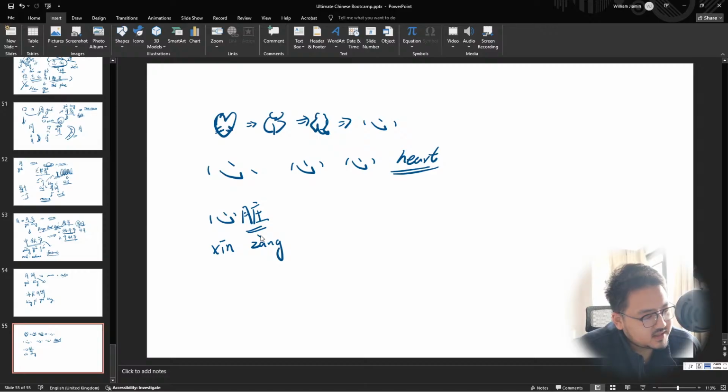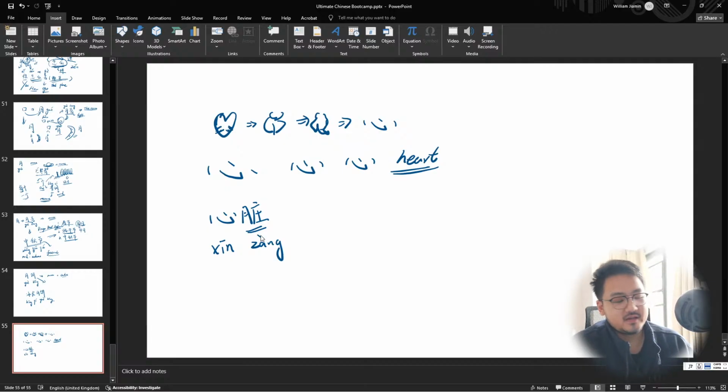But 心 has more meanings than just the literal heart. It can get more abstract, inferred meanings. For example, when you're happy, your heart is pumping. When you're sad, the heart is really aching. So you have this inferred meaning.